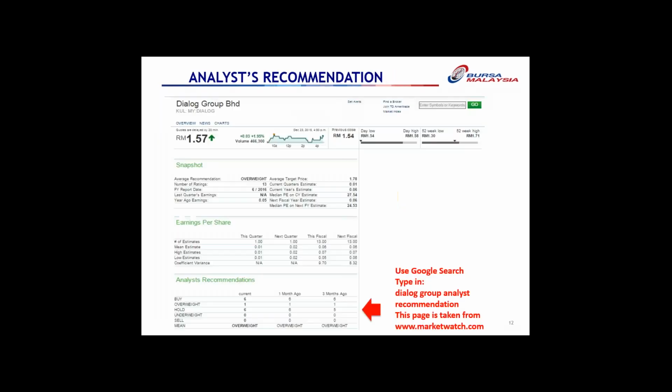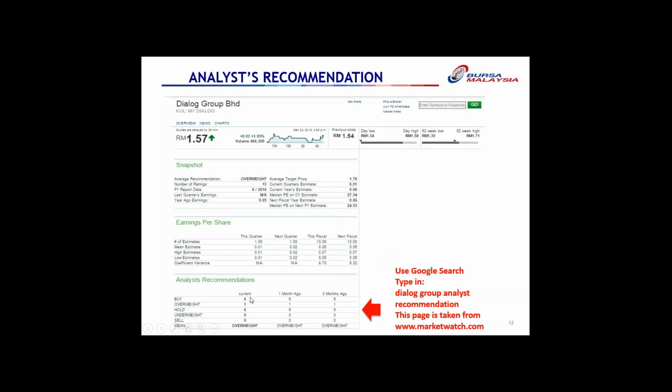So let's look at analyst recommendation and how you can search for this kind of information. For example, you can use Google search. Then you just type in the company name and analyst recommendation. Once you type in the search words, you will have a list of analyst recommendations. Here is one such from one website, marketwatch.com.